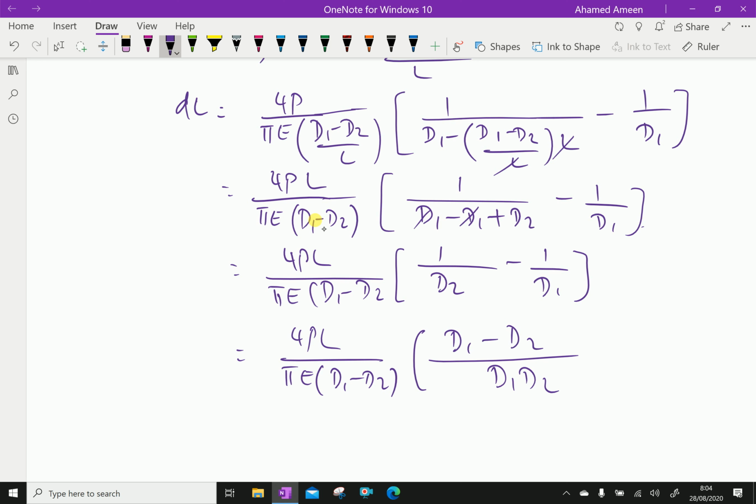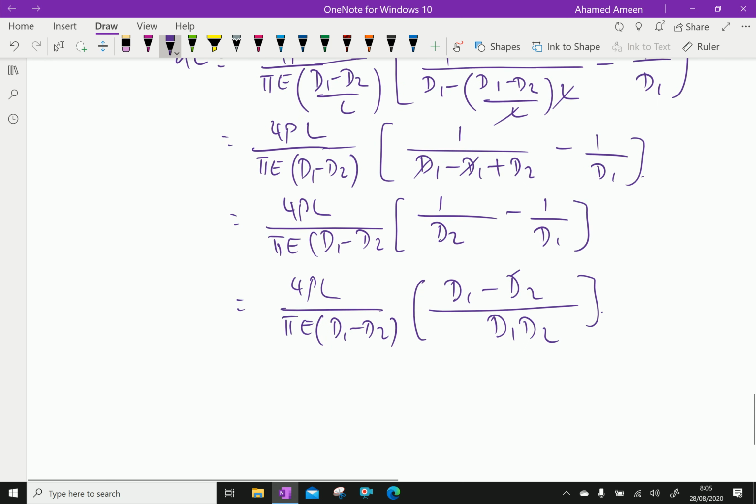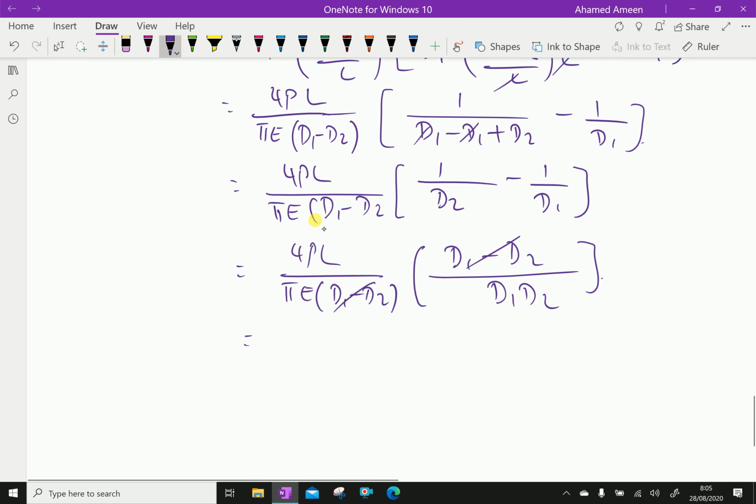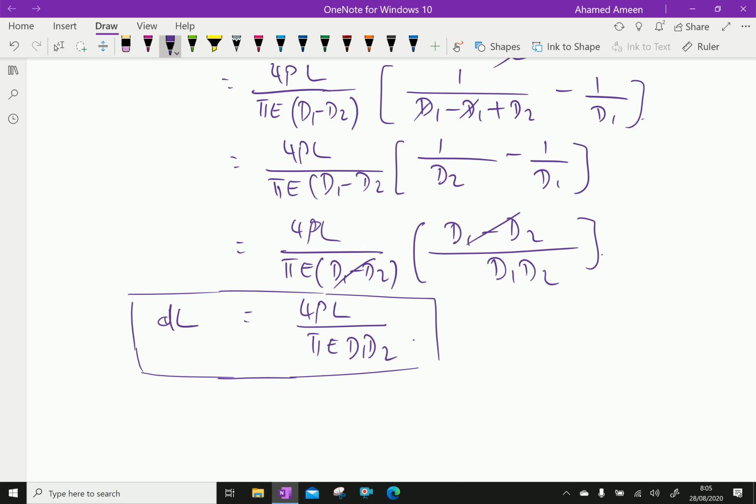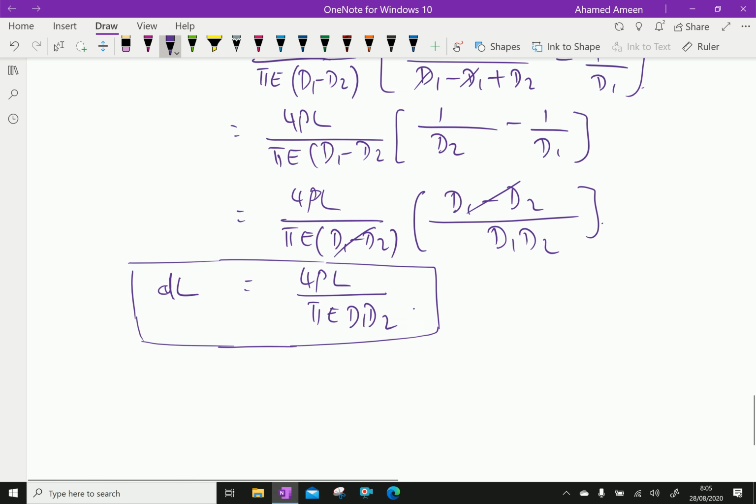The common factor (D1 minus D2) cancels on both sides, therefore we have 4PL by pi E D1 D2, which is delta L. This is the change in length due to axial load of a tapering circular rod: 4PL by pi E D1 D2.